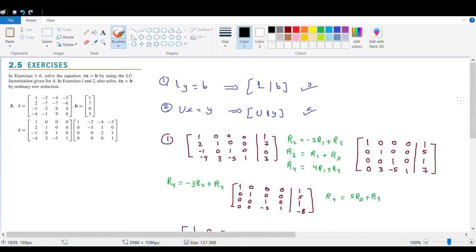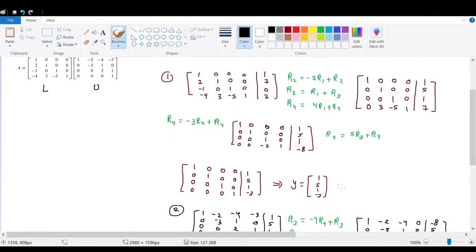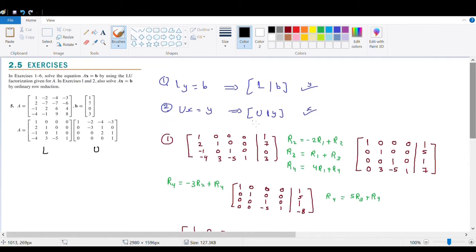Again, with number 5, we need to use the LU factorization to find the solution of Ax = b. This is our L, this is our U. First we use Ly = b, so we row reduce the matrix L with b to reduced echelon form, and then we find our vector y. In the second step we use Ux = y, so we reduce the matrix U with the vector y to get our x.